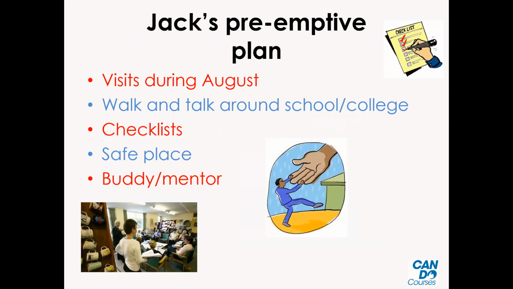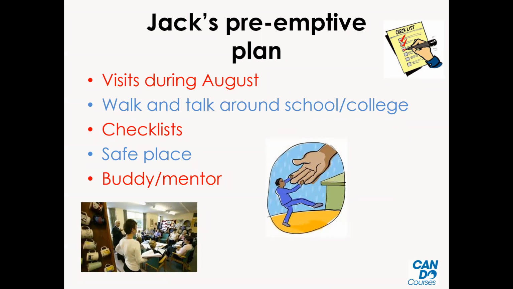So we facilitated this walk and talk around. We produced checklists for things that he'd need to bring when he came, because the college environment is slightly different, and he could have forgotten things which would have caused a problem. We showed him where a safe place could be. In fact, we gave him a choice of 2 or 3 places that he could go if he felt anxious about anything, to help himself to calm.